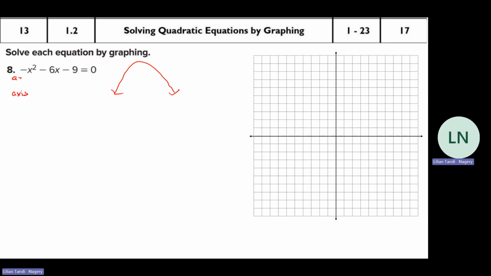So your A is -1, your B is -6, and your C is -9. So negative B over 2A: 6 over 2 times -1, that is -3.